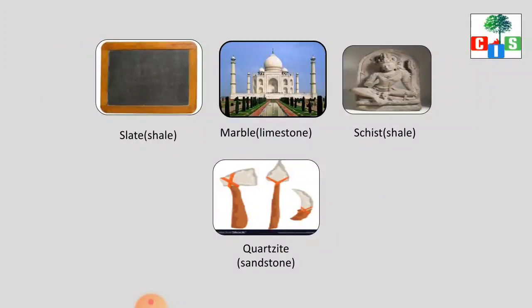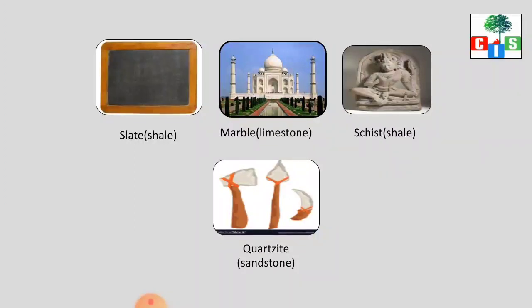Here are the examples of metamorphic rocks. Examples are slate, marble, schist and quartzite. If you see in brackets, I have written one name, and that name is of the sedimentary rock from which that metamorphic rock has formed. So let's see first about slate.